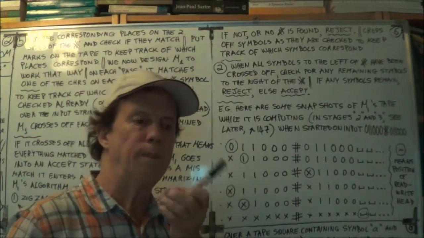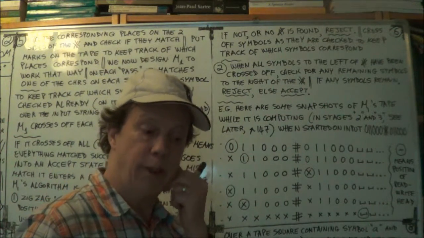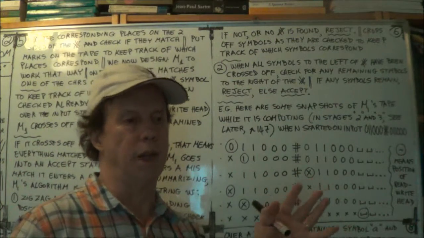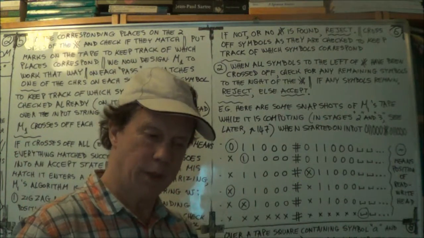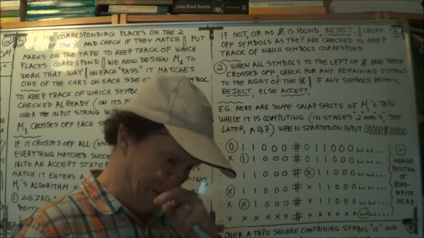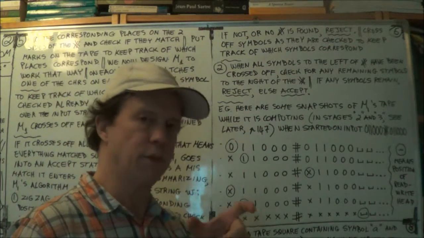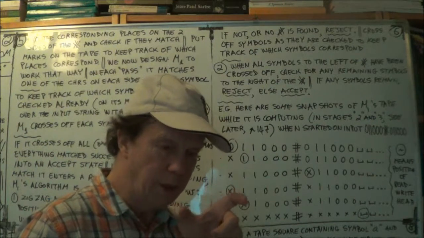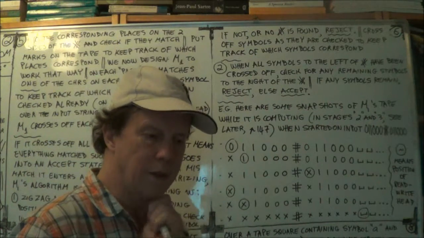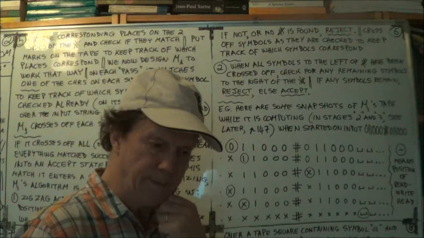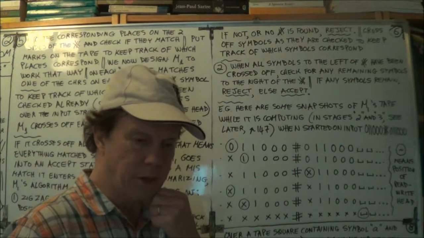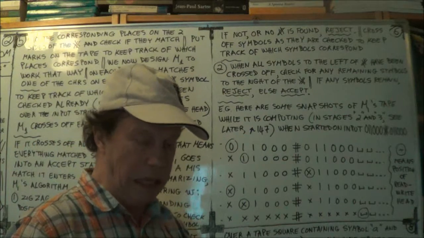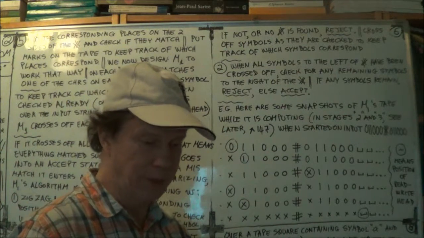Remember, with the Turing machine, the tape, the infinite tape, consists, all of the squares are blank except for the starting input string, which is a contiguous, non-blank string with no blanks in between, consisting of the symbols of your alphabet.